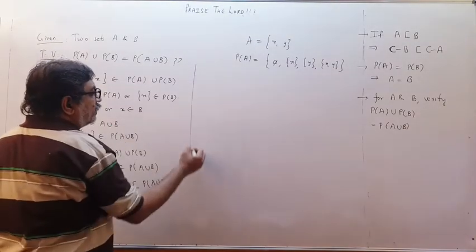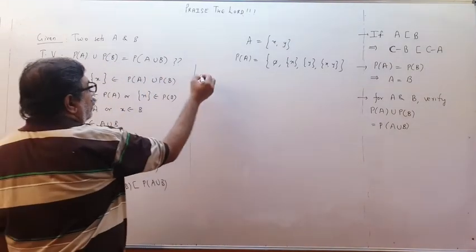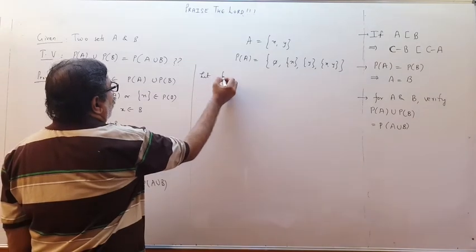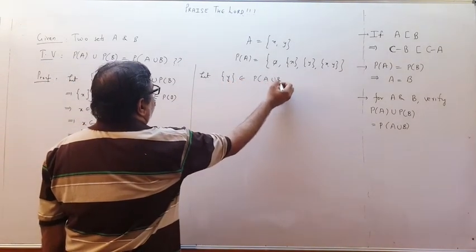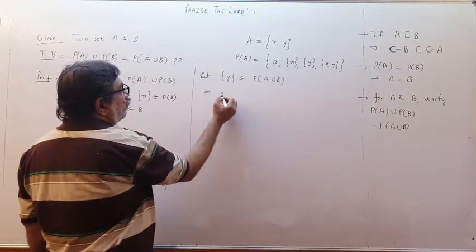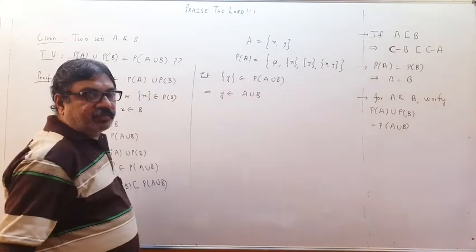Now for the next one, I have to take some element over here and prove it is present over here. So let Y belong to power set of A union B. That means Y will be present in A union B, then only the set will come in the power set.